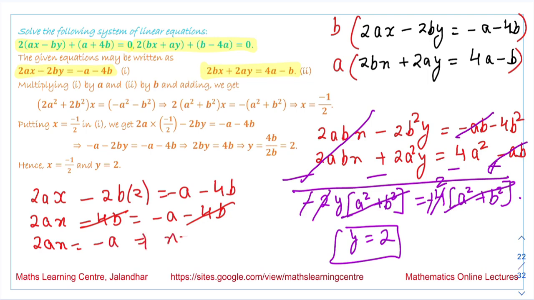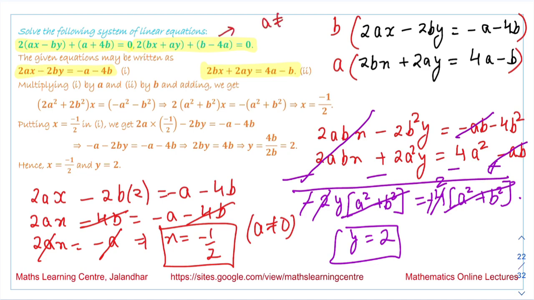So this gives us x is equal to minus 1 by 2. Again a gets cancelled because a is not equal to 0. In this question also a is not equal to 0 and b is not equal to 0. We are assuming that both these values are not equal to 0. So the answers we have are x is equal to minus 1 by 2 and y is equal to 2.